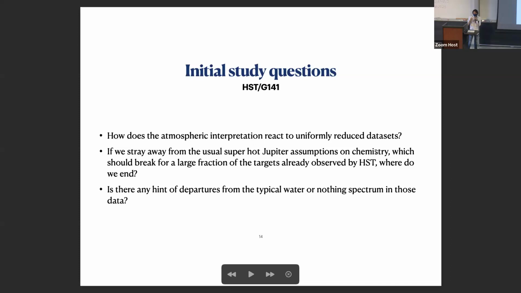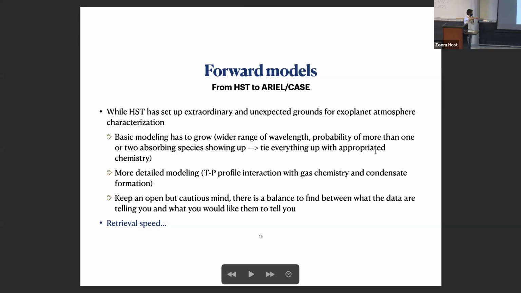The real question we wanted to answer is whether there are any hints in those HST data of something that is not fully in thermal equilibrium, or in other words, that is not entirely dominated by water or entirely flat, with no spectral modulation at all.